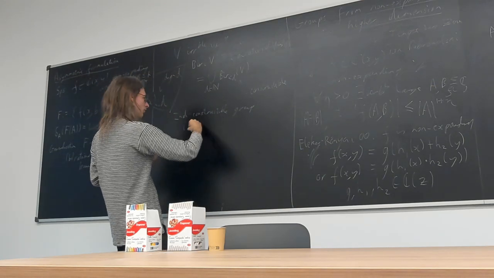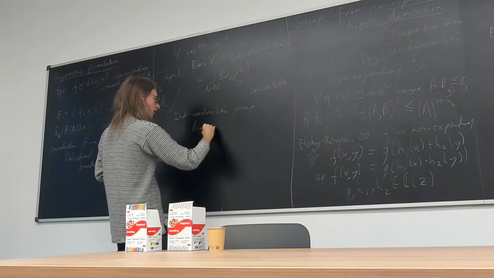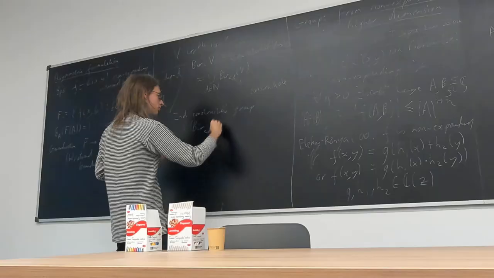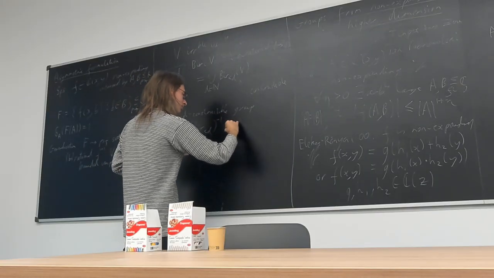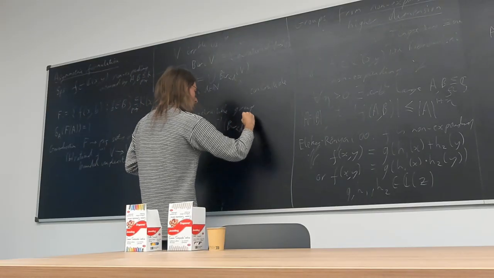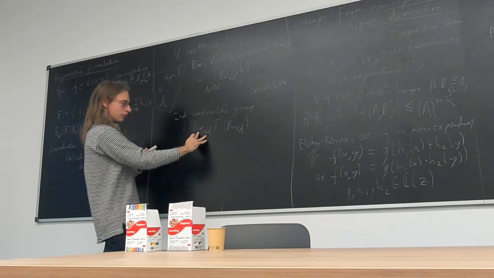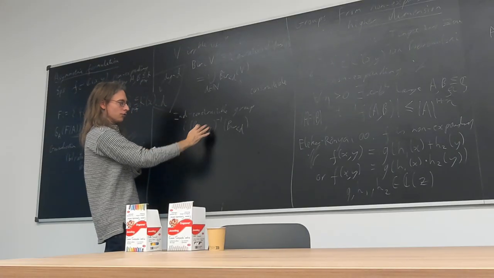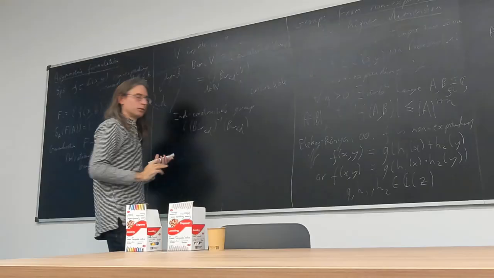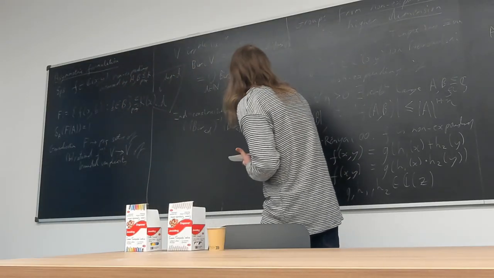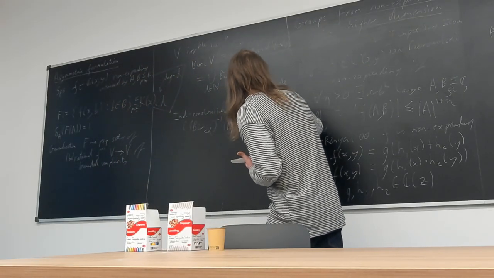So the point is that if I take compositions of birational things of degree less than d, inverse times things of birational degree less than d, then this will be of bounded degree.